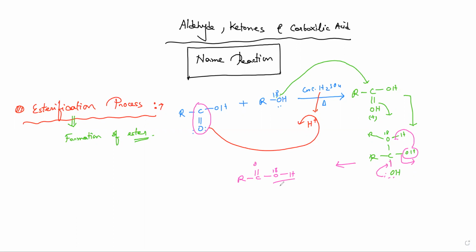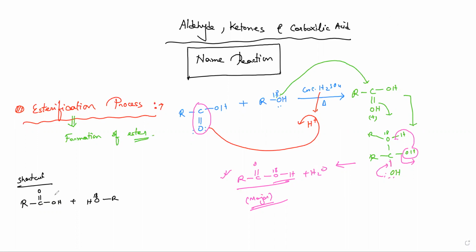So what is the shortcut of these reactions? Water is also eliminated. Look, OH minus plus H plus, that means water is also eliminated. But the final product is this one, you have to write this one as the major product. So the shortcut of the reaction: RC double bonded O, OH plus OH18R.